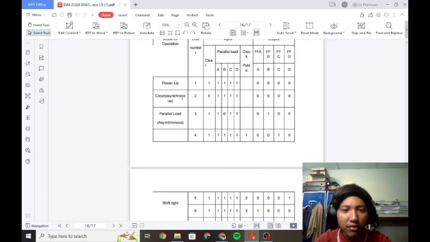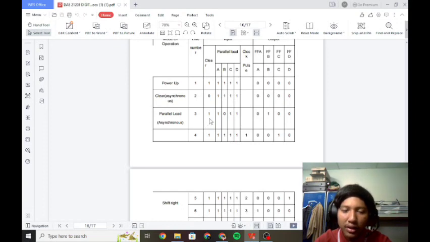Next we have clear asynchronous. Line number 2. When clear is 0, input A is 1, input B is 1, input C is 1, input D is 1, clock pulse is 0. The output at LED A will be 0, LED B will be 0, C is 0, D is 0. Next we have parallel load asynchronous. Line number 3.